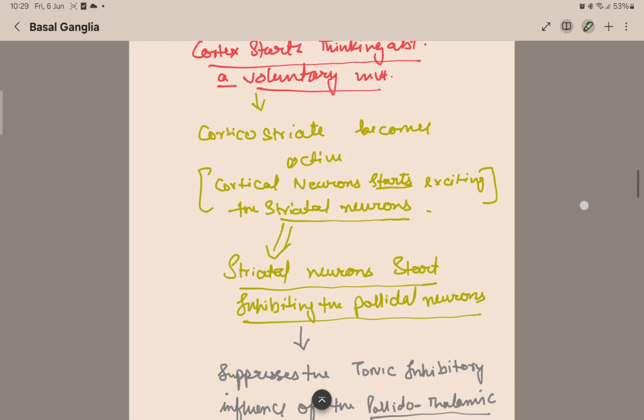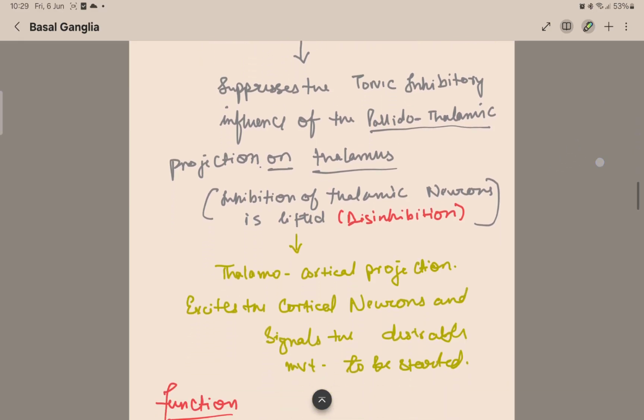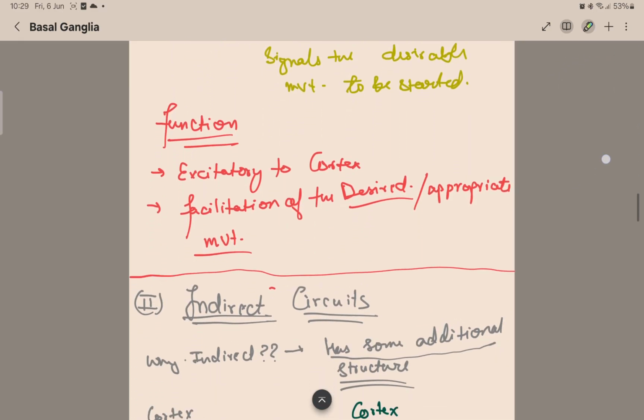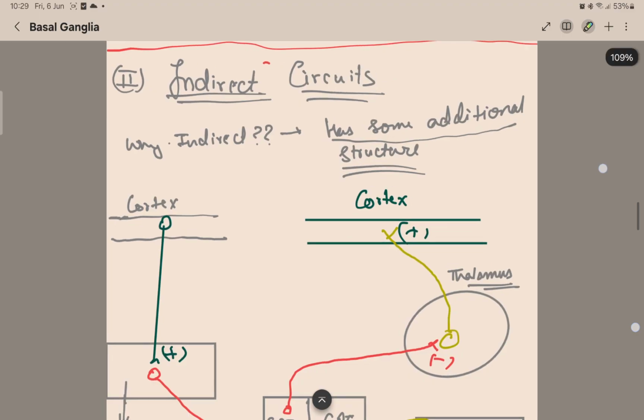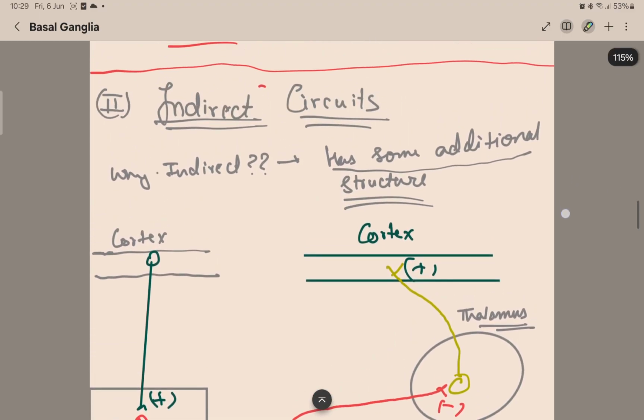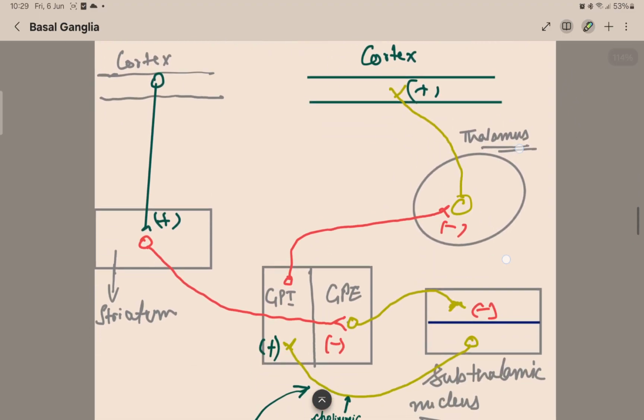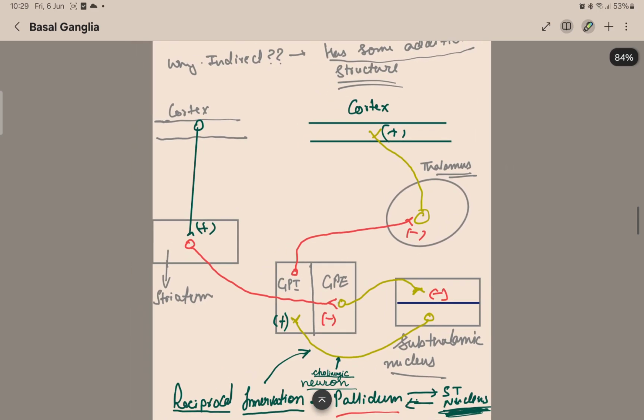So let us see the indirect circuits which take care of inhibition of the undesirable movements. Why do we say this is an indirect circuit?